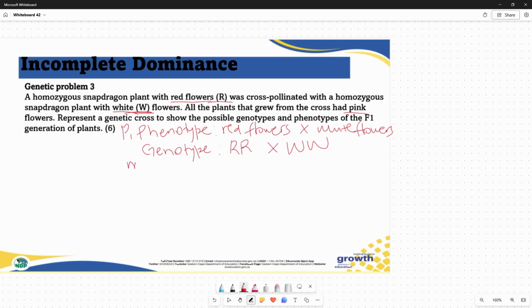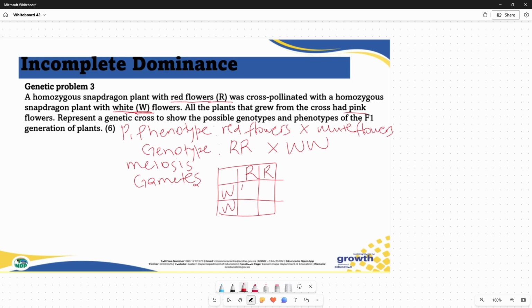Then after genotype, always we write meiosis, because now there is segregation of the alleles when they are going into the gametes. Then we have got gametes. Okay, let us do a Punnett diagram. Then we have the alleles of the first parent and the alleles of the second parent.